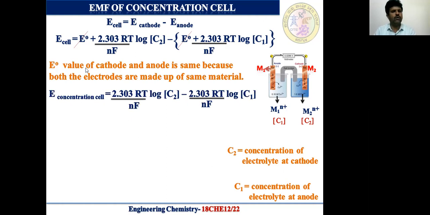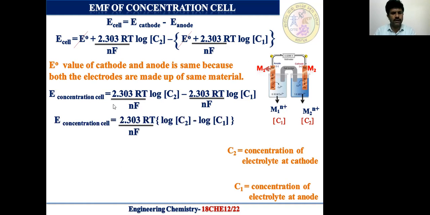Here the E0 value of cathode and anode is the same because both are made of the same metal, hence plus E0 minus E0 cancel. The remaining terms are E concentration cell = 2.303RT/nF log of concentration C2 minus 2.303RT/nF log of concentration C1, because minus into plus gives minus.